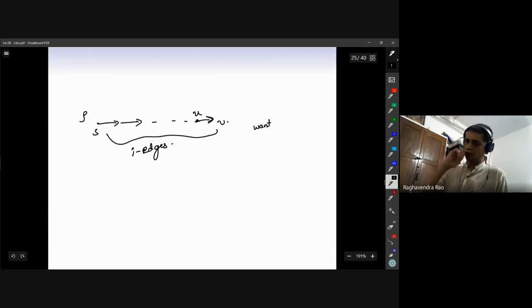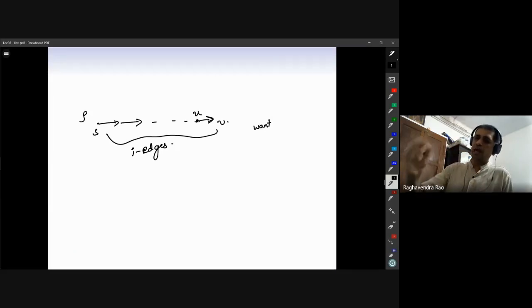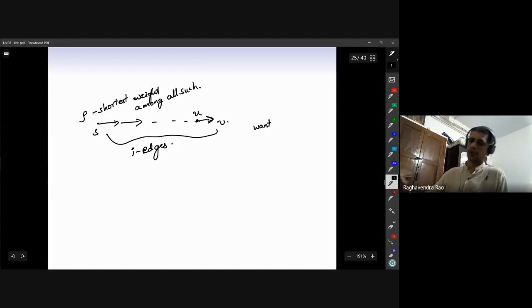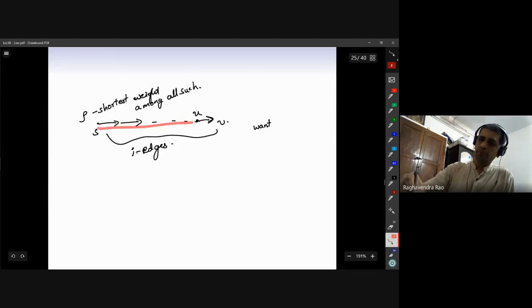Let's look at this picture. At most i edges. Rho is the shortest weight among all such walks. Now let's look at this S to u segment of rho.